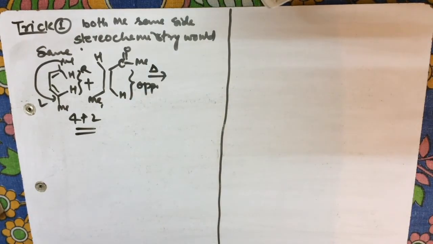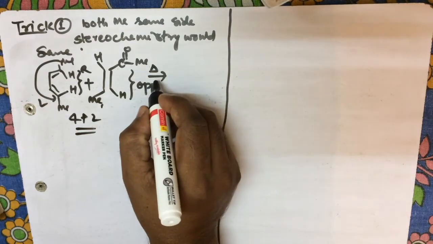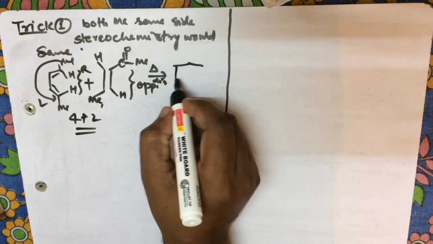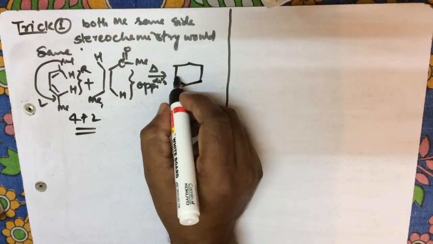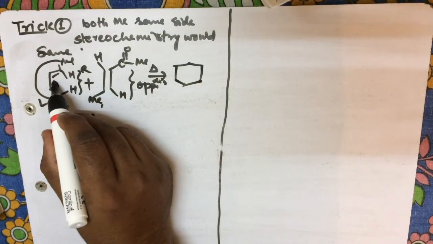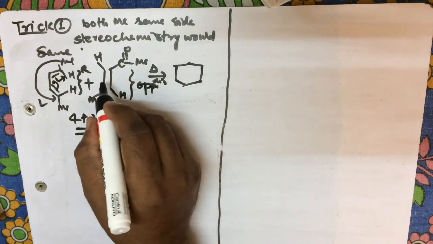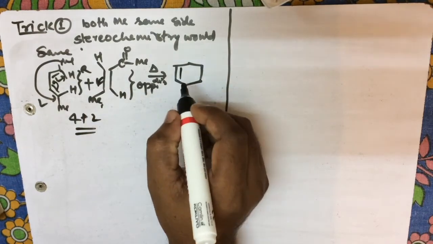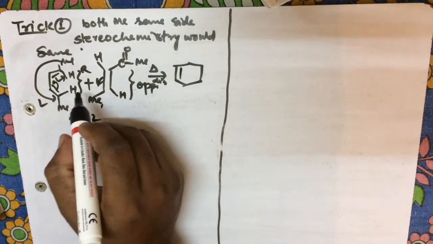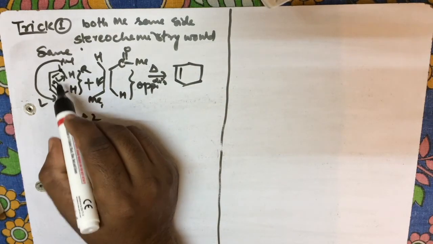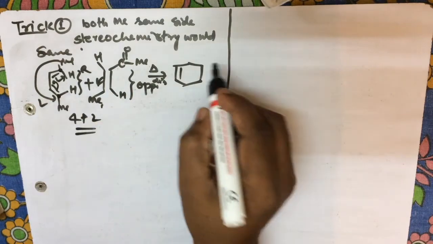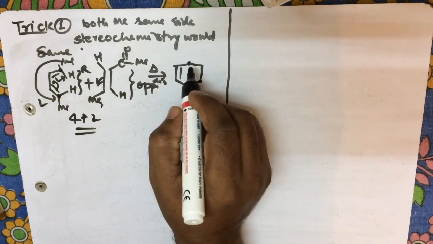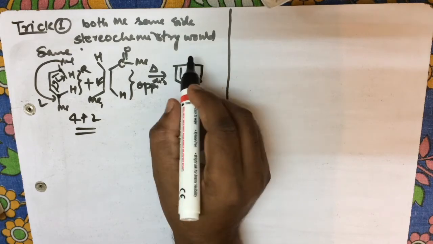So what will this 4 plus 2 addition be, 4 plus 2 addition under heat condition? So 4 plus 2 under heat condition is mixed to this rotatory. This rotatory means the product forms like this. It will go like this, and like this. So here it will get the double bond. So I am saying the stereochemistry for this carbon will be the same. It will be above the plane or below the plane.